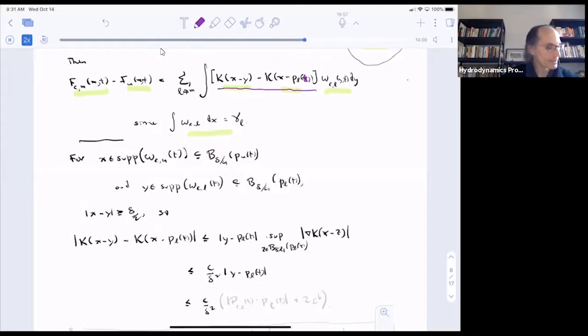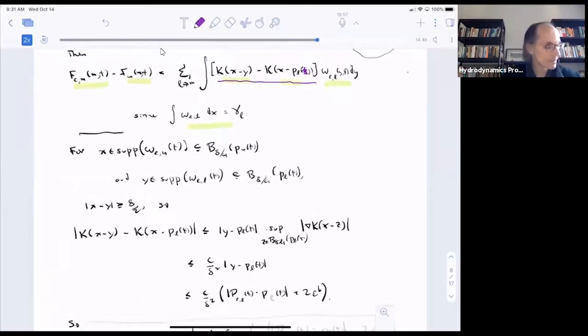And here's what I find. That k of x minus y, so again, k is the Biot-Savart kernel, minus k at x minus p, will be y minus p times the gradient of k at a point on the segment, k at x minus z, for z on the segment between y and p.